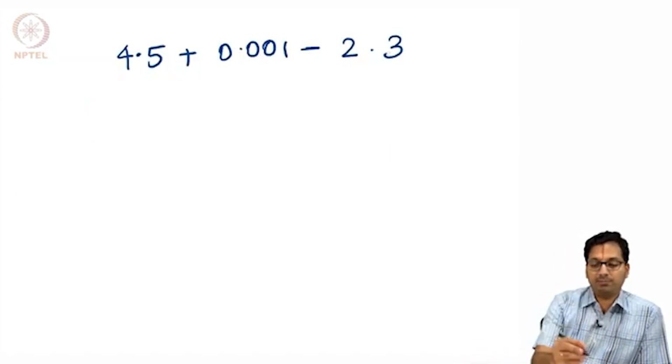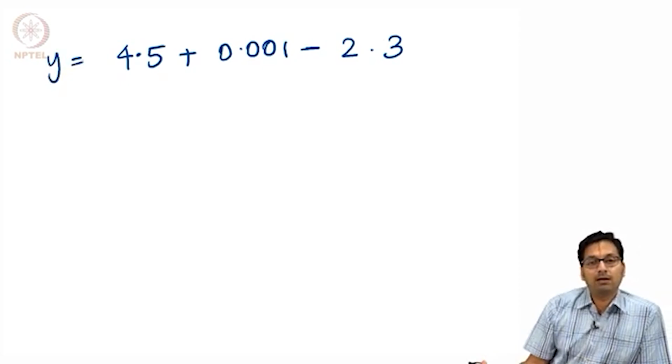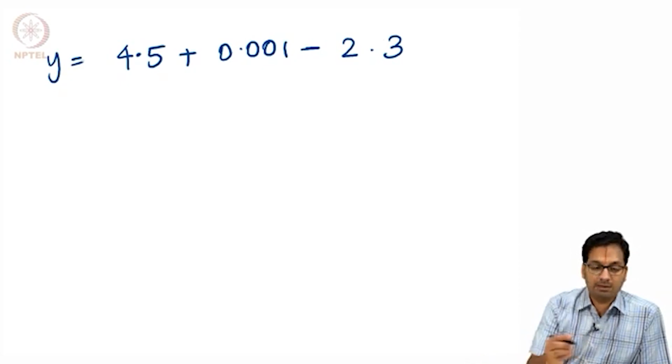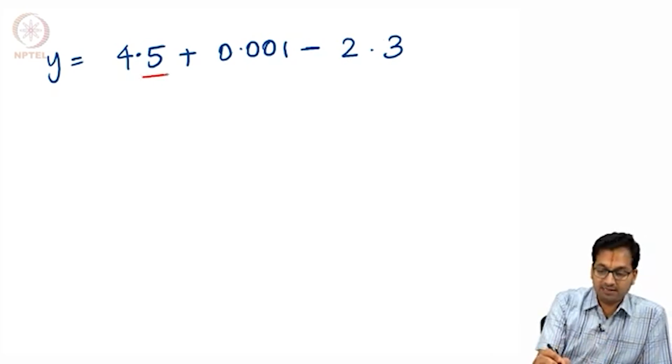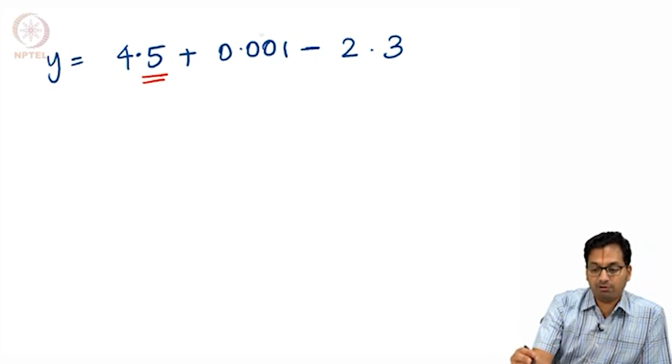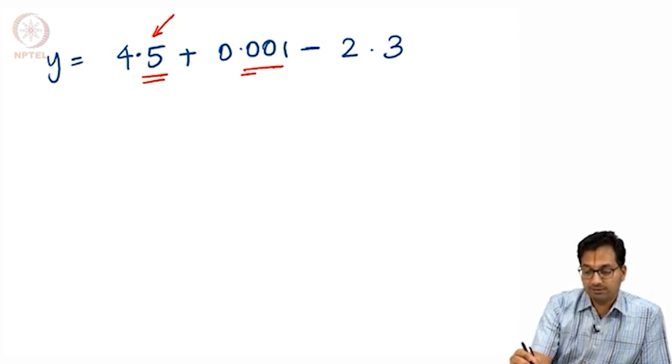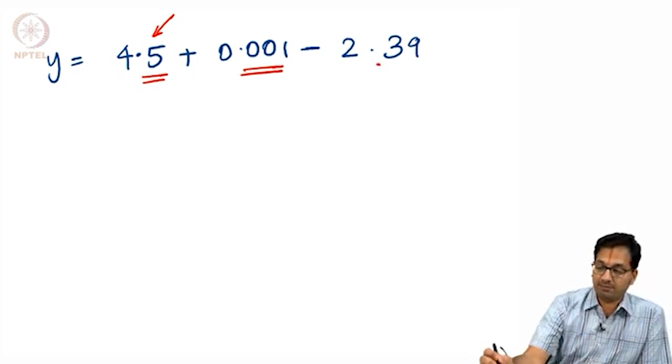So, let us take the example where you are trying to calculate 4.5 plus 0.001 minus 2.3. One is able to appreciate the fact that this has a single digit after the decimal, this has 3 digits after the decimal, and this let us say has 2 digits after the decimal.